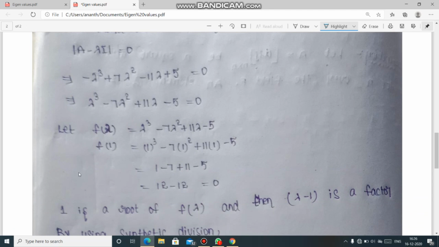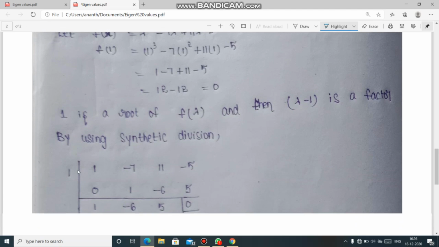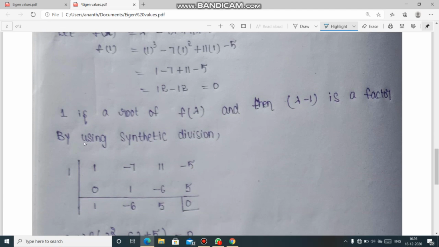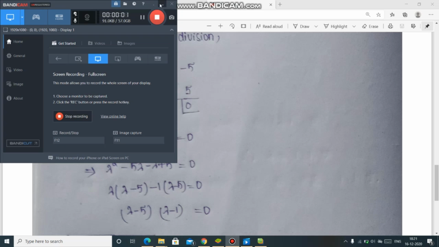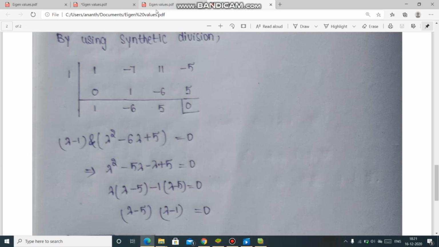Next we have to find the remaining 2 roots. For finding the remaining 2 roots, we use the synthetic division method. For this equation, we write 1, minus 7, 11, minus 5, and 1 is a root of this equation.